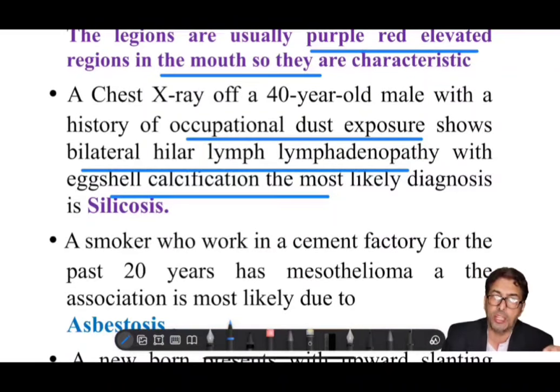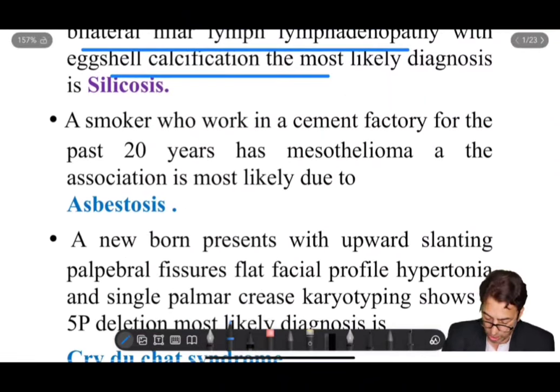The characteristic eggshell calcification is a feature of this important disease, silicosis, which is by virtue of silica dust. I will be explaining some of the details further. So this is the second question about occupational lung diseases.